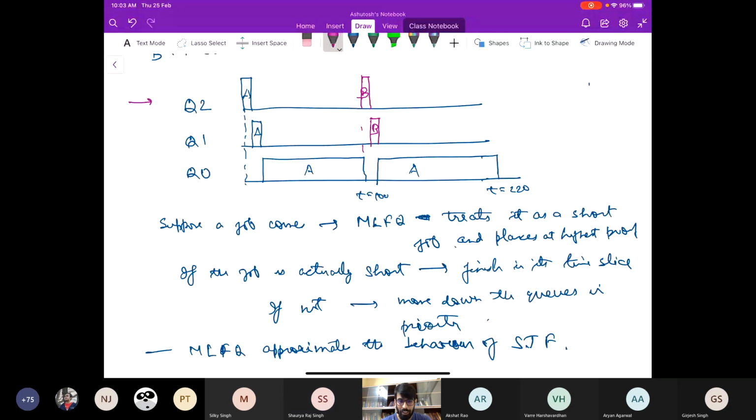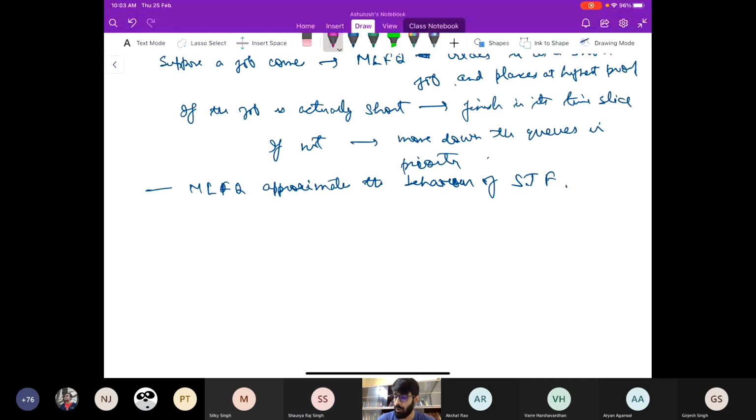We'll come to these things, and if your question remains, we'll address that. Next, we are going to talk about IO, so we'll see such things. Let's take another example which is with some input output requests.